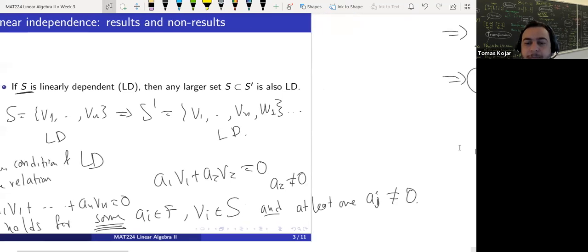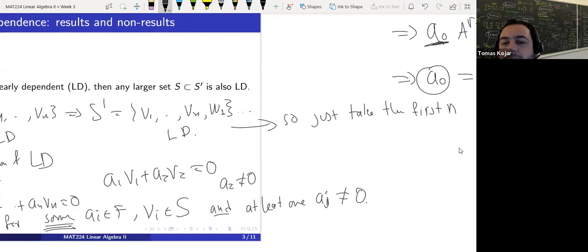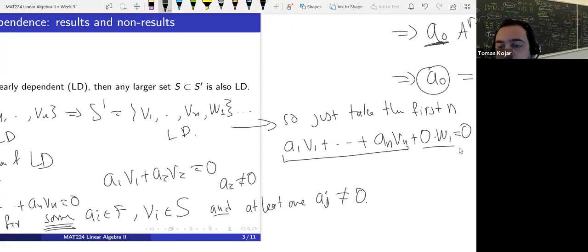So this is just parsing definitions together. Just take the first n of them, which you already know. You write it like this, and then put 0 times W1 equaling 0. This term is irrelevant because it's just a 0 element. And we know that this is true: it equals 0 for some AJ not 0. So indeed, we have the relation.